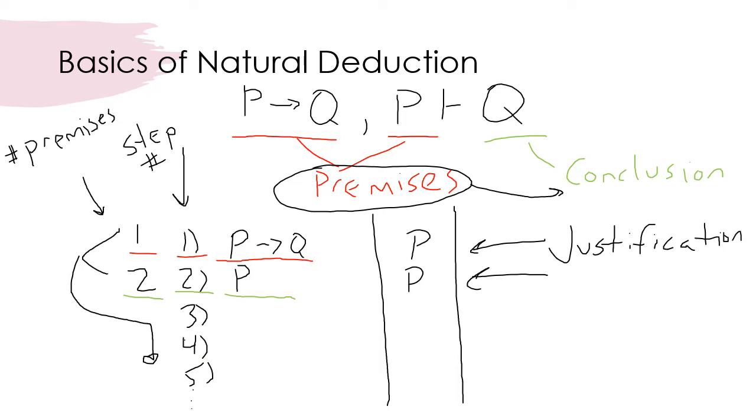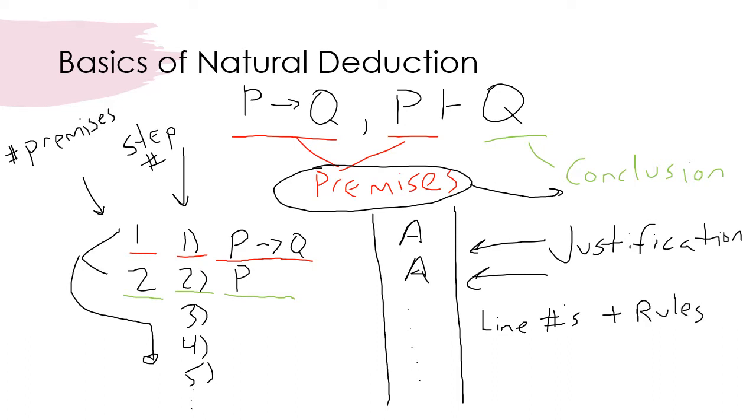In your justification column, you're going to have your premises set up at the very beginning, and your premises get marked actually with A's, not P's. That's my bad, because they're assumptions. I'll just fix that real quick. So these get marked as assumptions. But as we go through on further lines down, you'll have line numbers plus rules.